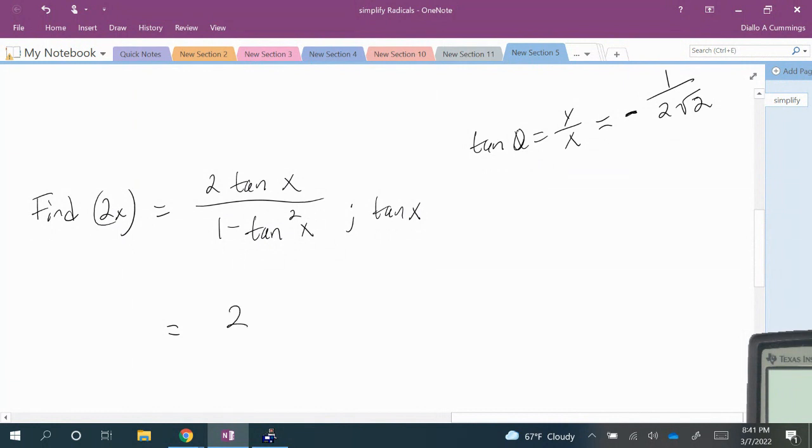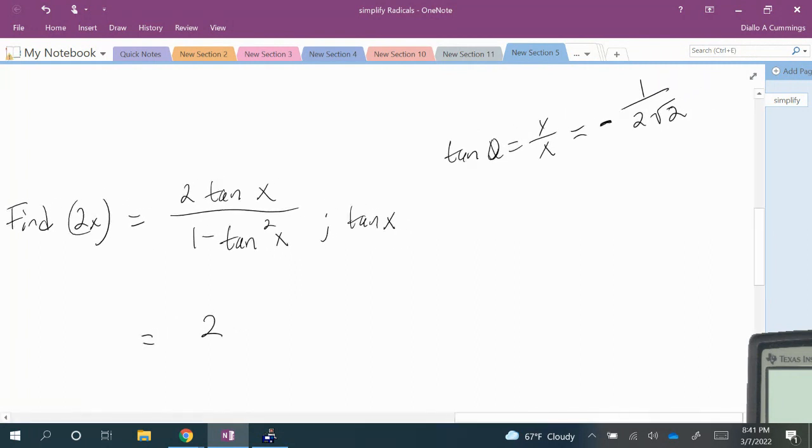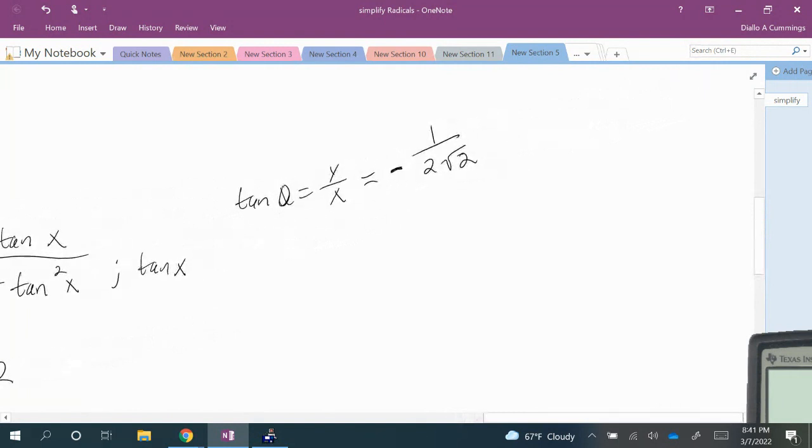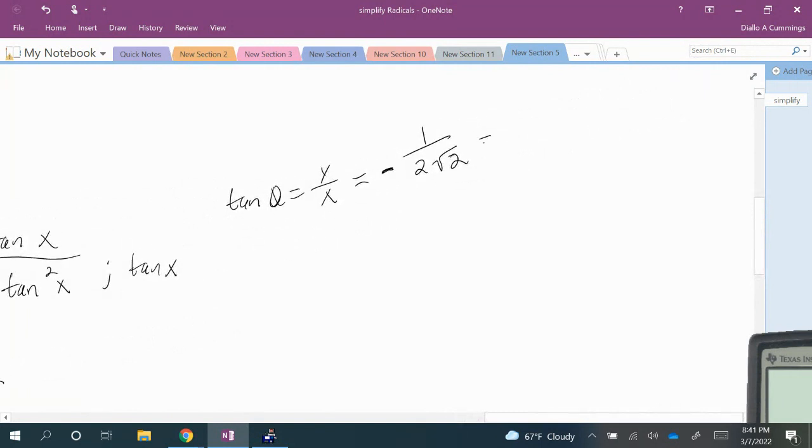So this is 2 times the tangent of x. So I'm going to substitute. It may be best to rationalize this denominator.